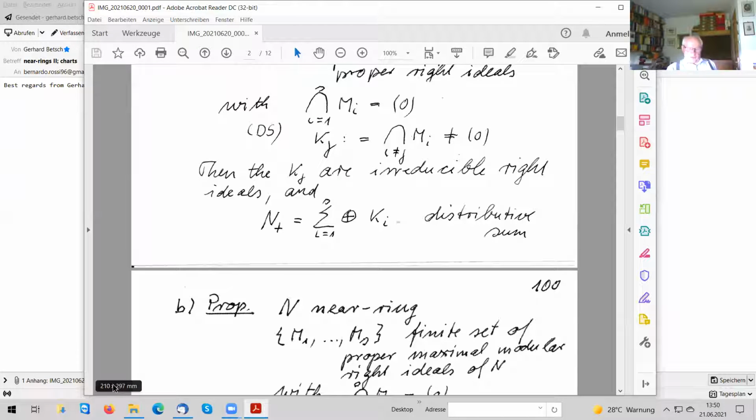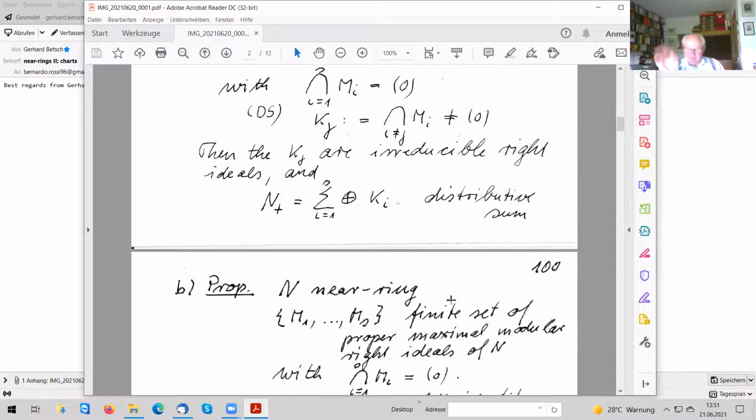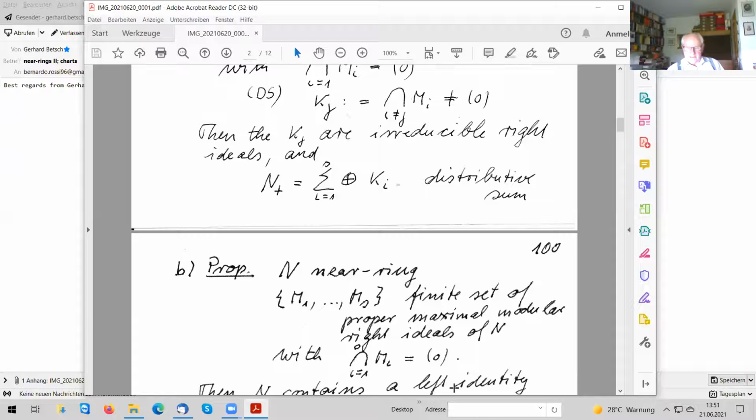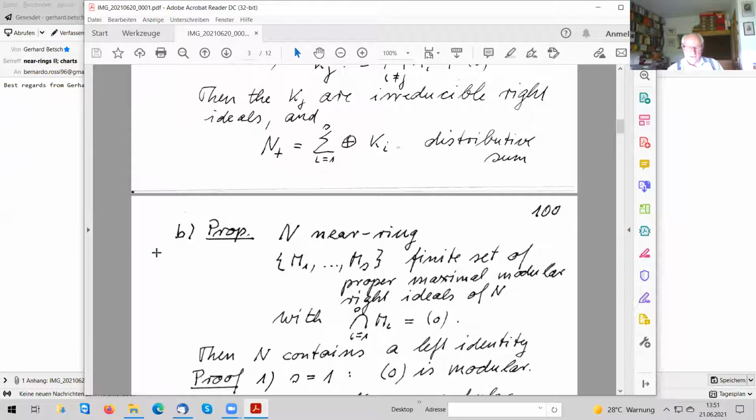A further proposition. Let n be a Near-ring. Now we do not take a finite set of proper maximal right ideals, but, oh, well, yes, sorry. We consider the condition that we have a finite set of proper maximal modular right ideals of n with intersection 0.